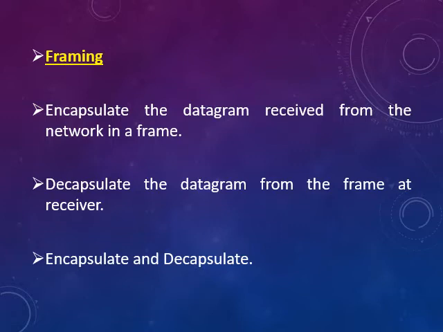The data link layer of the receiving node needs to decapsulate the datagram from the frame. The data link layer of the source host needs only to encapsulate, and that of the destination host needs only to decapsulate. But each intermediate node needs to both encapsulate and de-encapsulate.